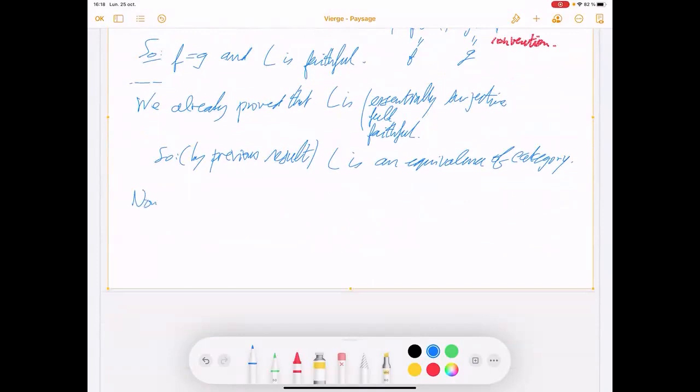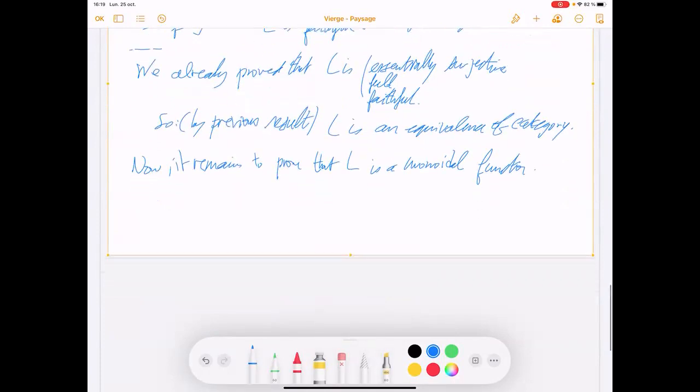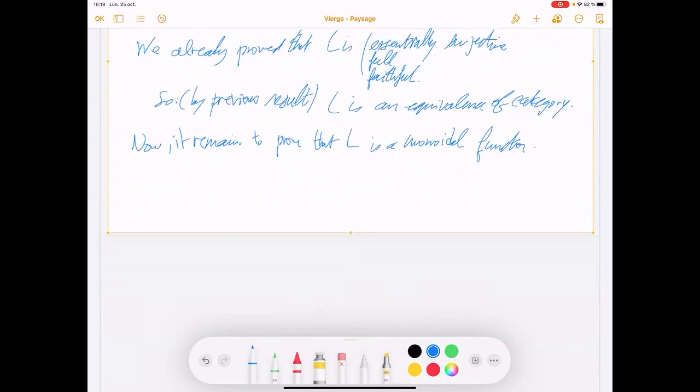Now it remains, because the theorem says it's a monoidal equivalence, to prove that L is a monoidal functor. And this is technical.